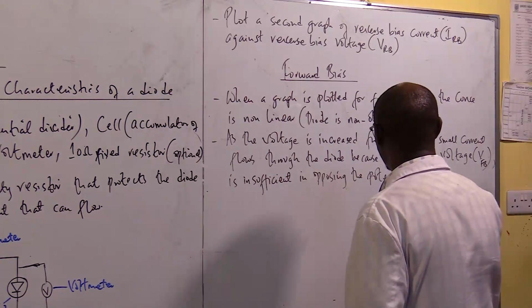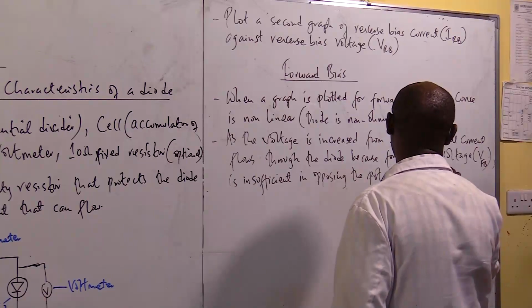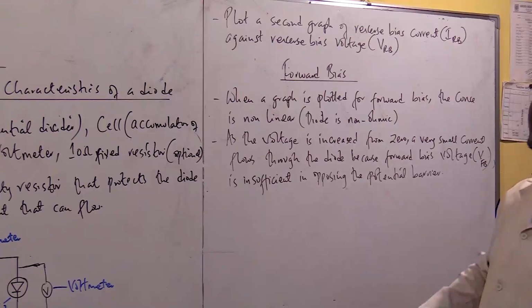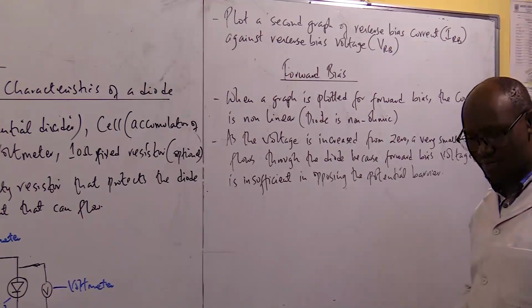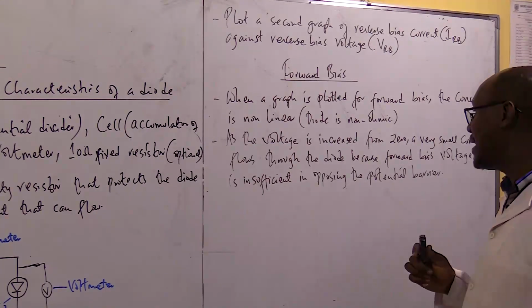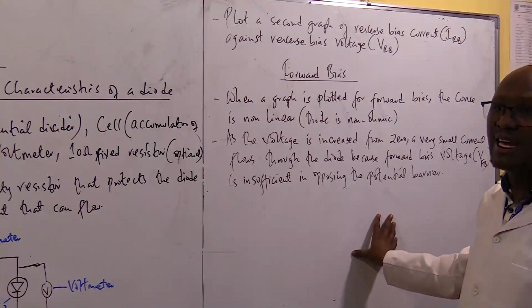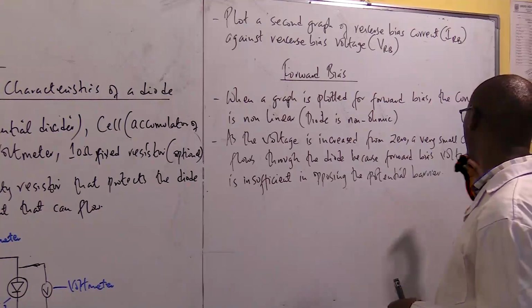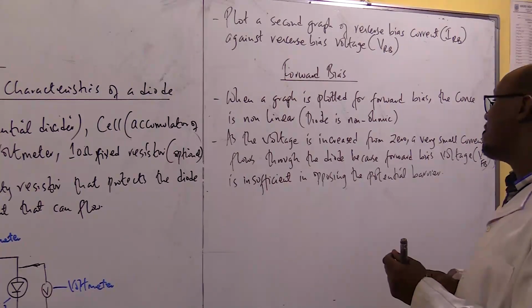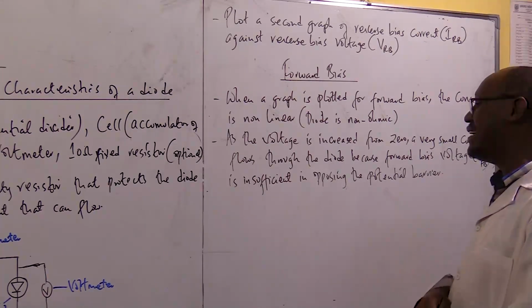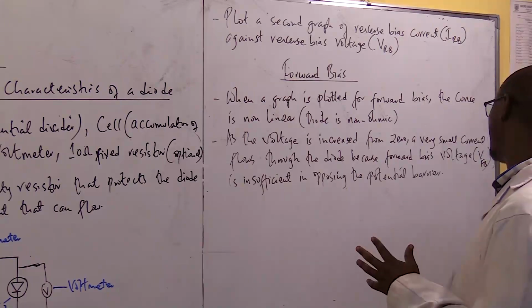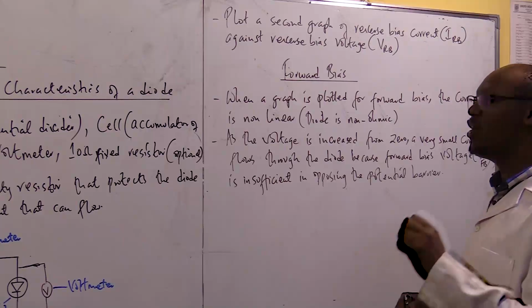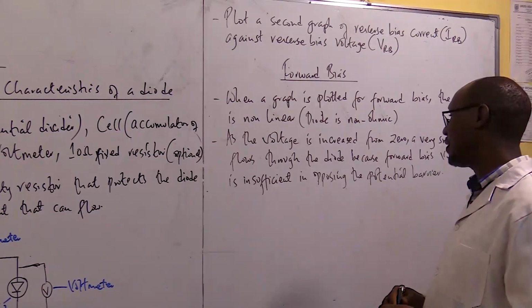So remember, we said in our discussion that there exists a potential barrier. At the beginning, when the voltage is still low, the amount of current that flows is also very small because the forward bias voltage is insufficient in opposing the potential barrier.